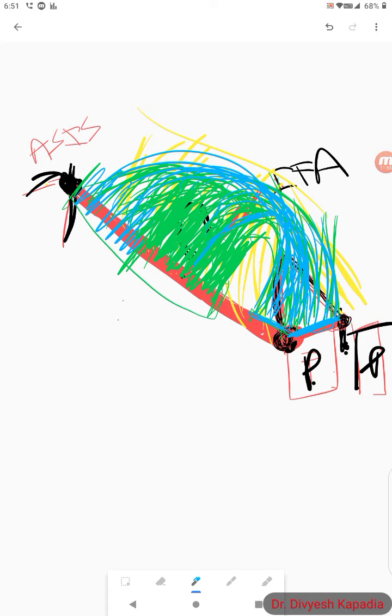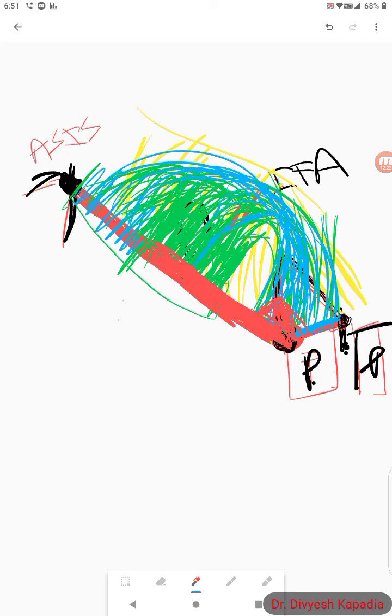So far we have seen the inlet, outlet, anterior wall, and roof. Now the floor is also easy to understand. Let's paint it. The floor is formed by the grooved upper surface of the inguinal ligament, the medial part of the inguinal ligament, and medially there is a triangular expansion of the inguinal ligament, known as the lacunar ligament. So medially the floor is supplemented by the lacunar ligament.